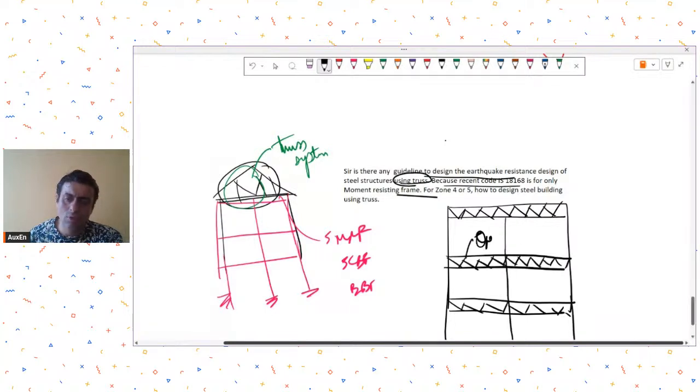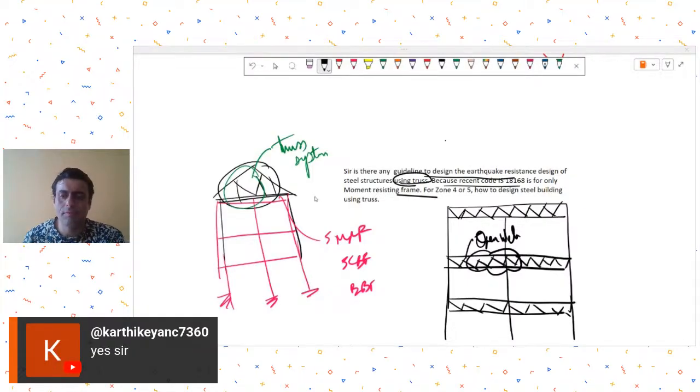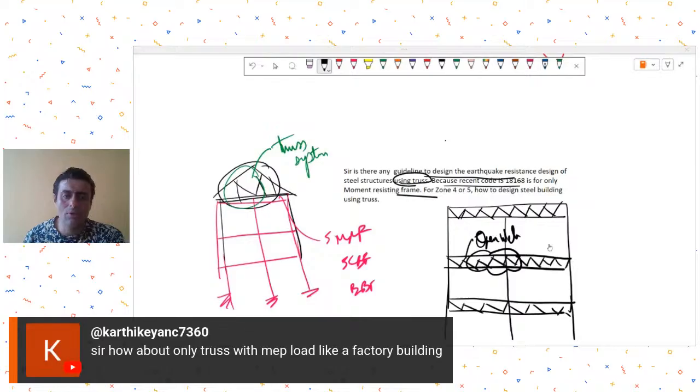If you want an open web framing arrangement in your structure instead of beams, then for that you do not have any direct provision given as of now.